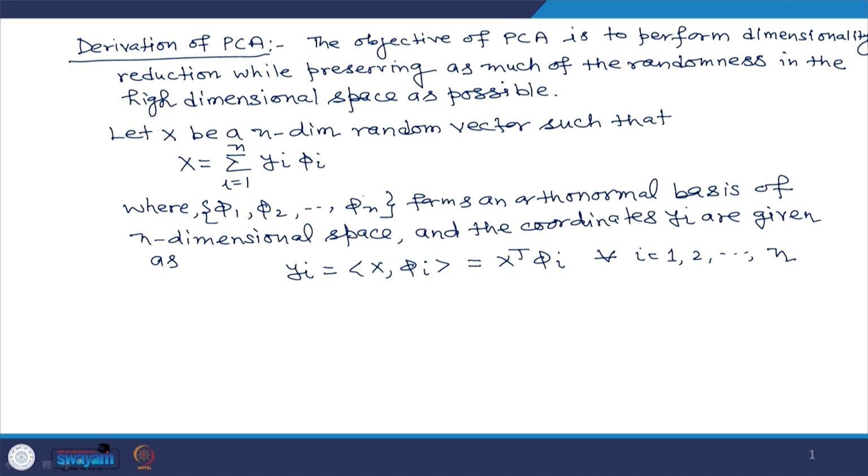So, we are taking an orthonormal basis. phi_1, phi_2, up to phi_n are basis vectors, and we are taking the linear combination of these basis vectors to represent x.